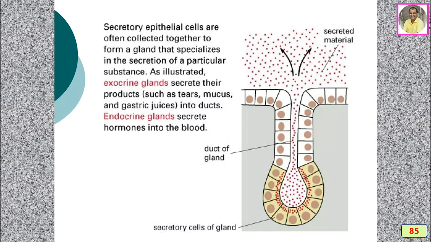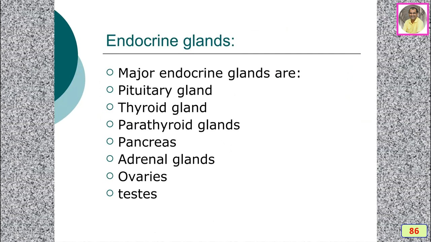This is a further classification and explanation of the duct of the gland. The secretory material will be outside the duct of a particular gland. Endocrine glands, as we already know, starting from the head, are the pituitary, the pineal, then thyroid, parathyroid, pancreas, adrenal glands, and ovaries and testes.